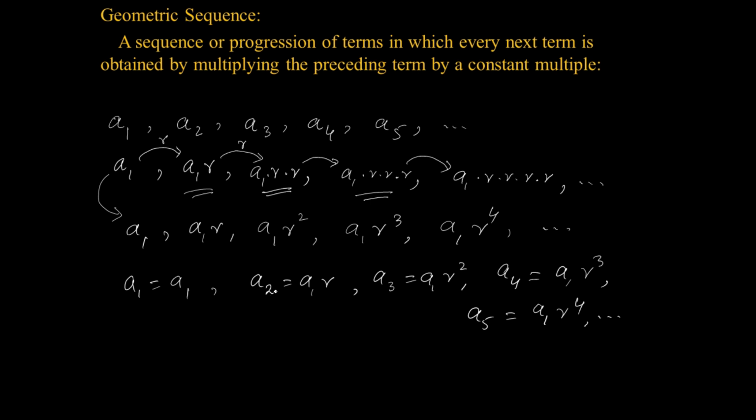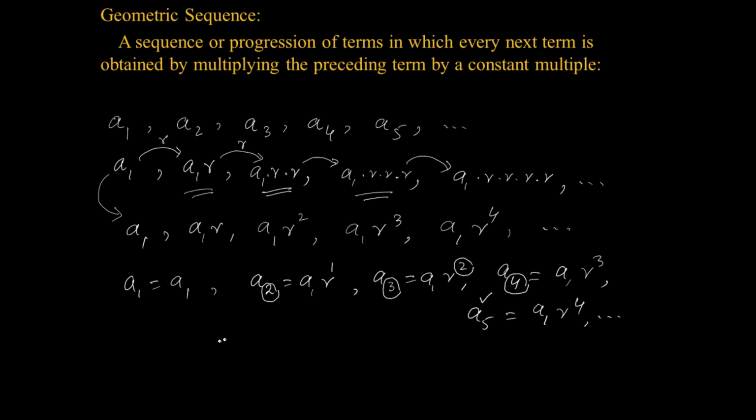Now what do we conclude from this? If the term is second, 2 is written over here, so 1 is written in the power. If the term is third, the power of r will be 1 less than 3. If the term is fourth, the power of r will be 1 less than 4, which is 3. If the term is fifth, the power of r will be 1 less than 5, which is 4.